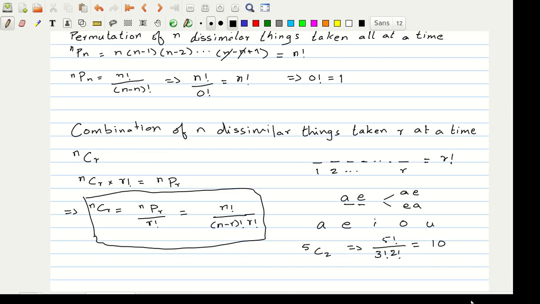There is also a shorter way of doing it. If you want to find 5C2, you write 2 terms in the numerator because here it is 2. So you write 5 times 4 divided by 1 times 2 and you get 10. Okay, so this is the formula for combination.